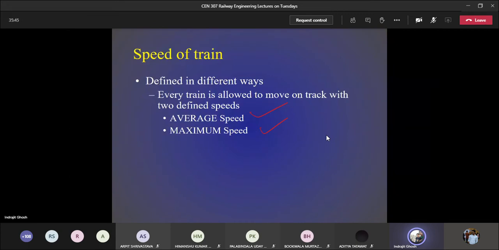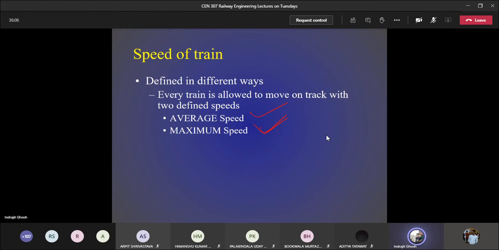Obviously average speed. And then some people can say that I took a galloping train and the train was traveling very fast for certain stretches, where it did not need to stop. If you ask him or her what the speed is, they will tell maximum speed. So that is what common people know.